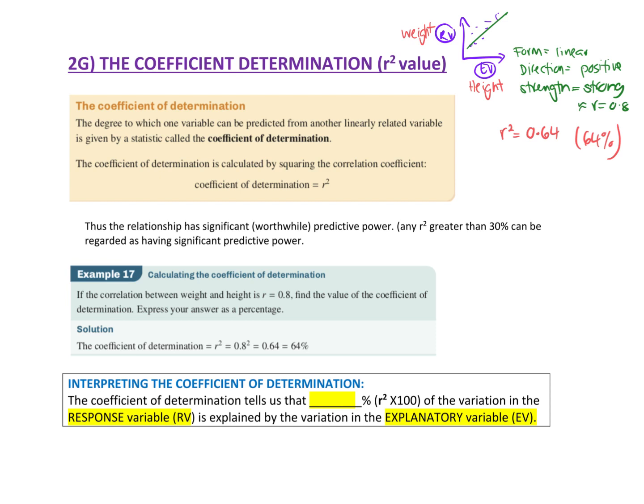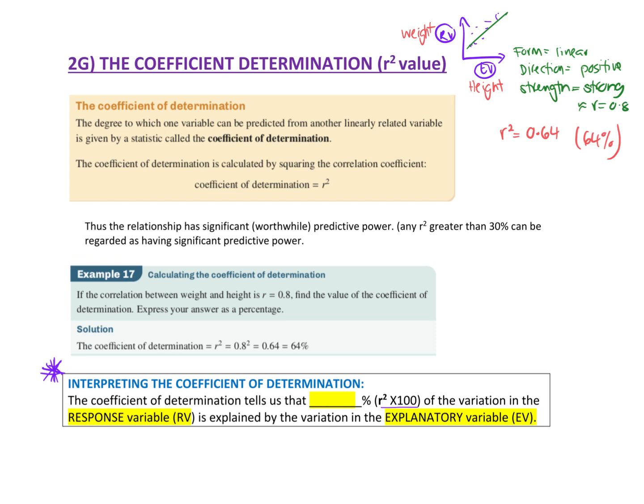What you need to do, and I've got it here in your notes, this is very important, is write out your statement with this wording. Here, with my example, I would say: the coefficient of determination tells us that 64%. I've told you in brackets, you have to times your R squared value by 100.